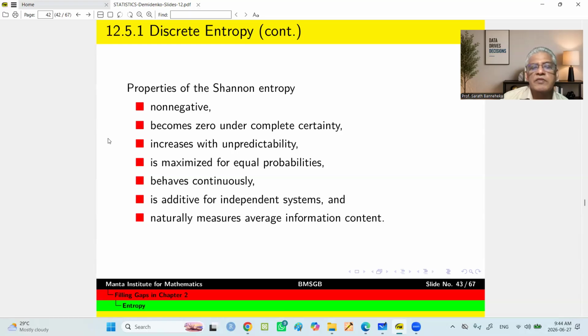And it naturally measures average information content. So this entropy can be considered as measuring the average information in the system. That's why we can use it to compare the randomness in two systems.